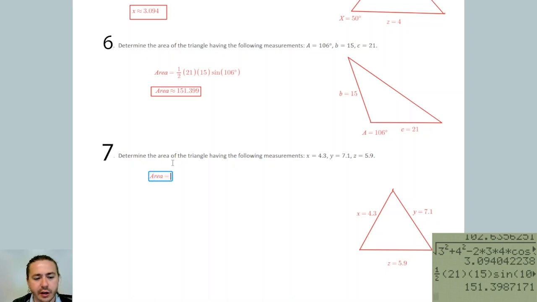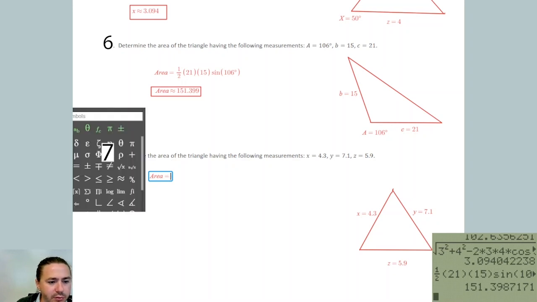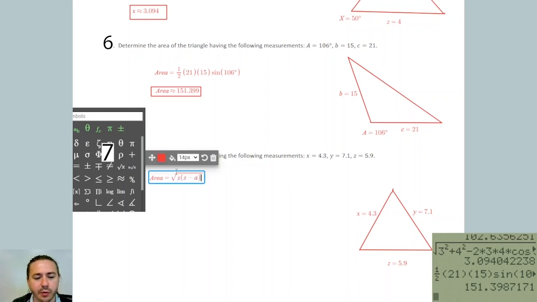So just to be clear, Heron's formula is the square root of the semi-perimeter times the difference between the semi-perimeter and then each side length. So what's important here is that we calculate the semi-perimeter first, and that's what this S stands for, okay?